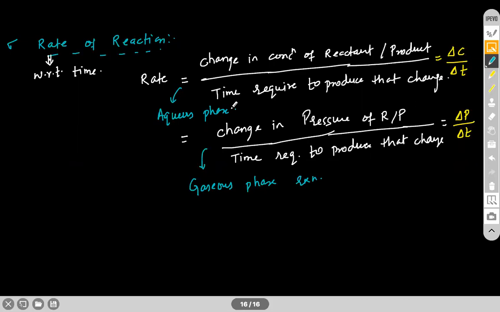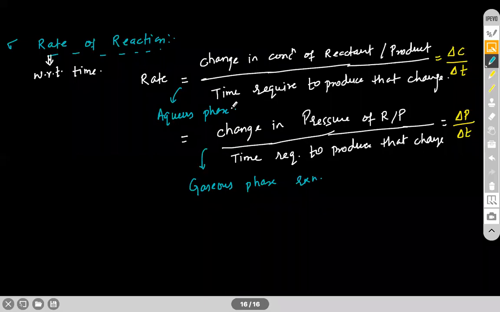Okay. Now I would like to make you understand this with an example. So how do we write down the rate expression? That is very important, and it's very important from the exam point of view also to understand the rate.